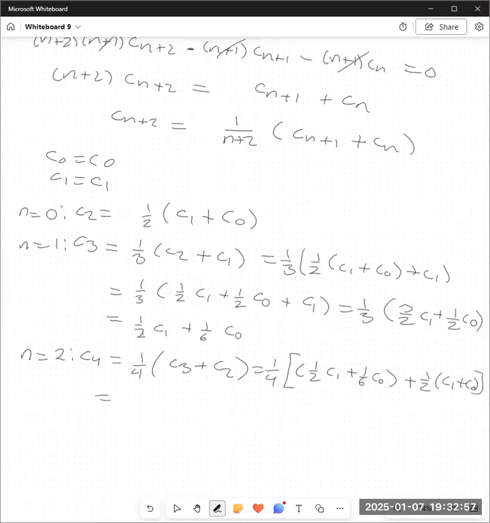So that's going to be 1/4 of, and then 1/2 and 1/2 is a whole, and 1/6 and 3/6 is 4/6, which is 2/3. So that is 1/4 c1 plus, 2 goes into 4 2 times, so this should be 1/6 c0.